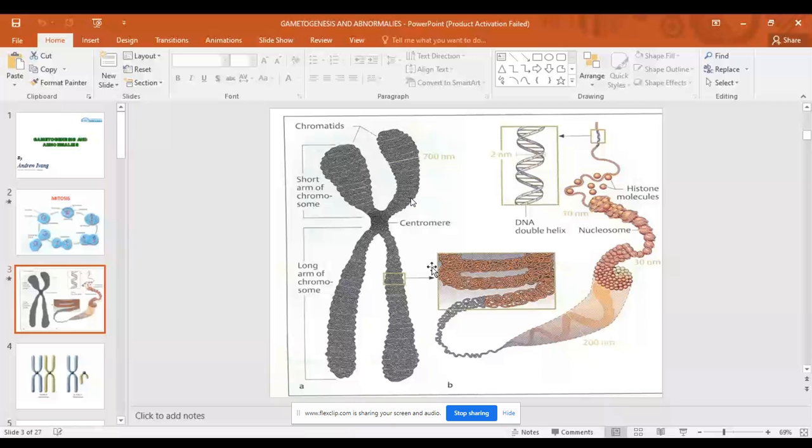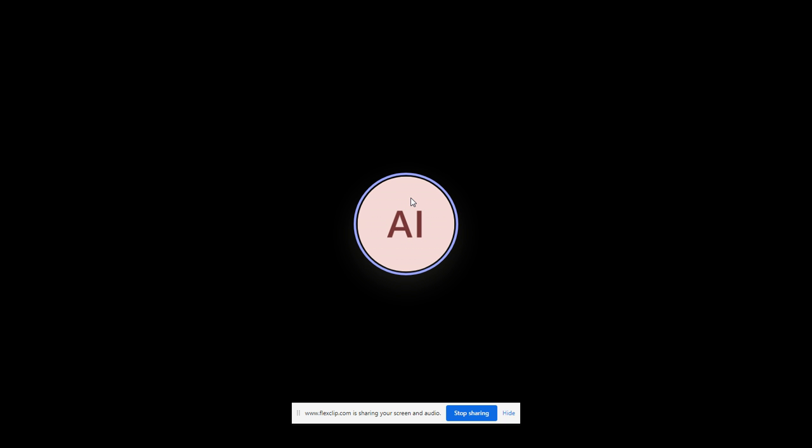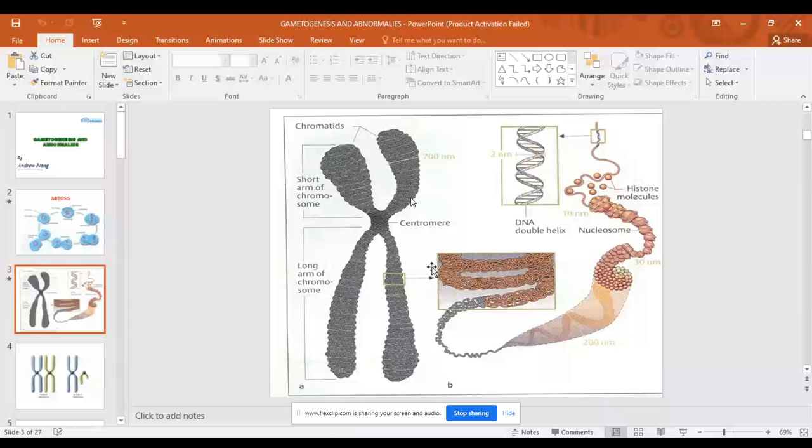Sometimes you can see somebody having 6 or 7 fingers. The normal number of fingers is five, but somebody may have six or seven, which is what we call polydactyly. So the number increases. That means there's a problem during mitosis. Is that clear?